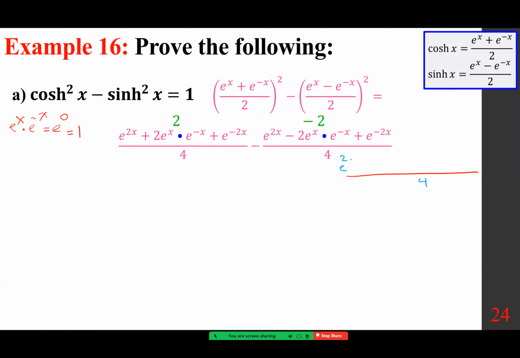This is e to the power of 2x plus 2 plus e to the power of minus 2x, minus, we are applying this negative sign, e to the power of 2x plus 2 minus e to the power of minus 2x. So what happens is this one cancels out this one. This one cancels out this one. The numerator is 4. 4 over 4 is 1. We just proved cosh squared minus sinh squared equals 1.